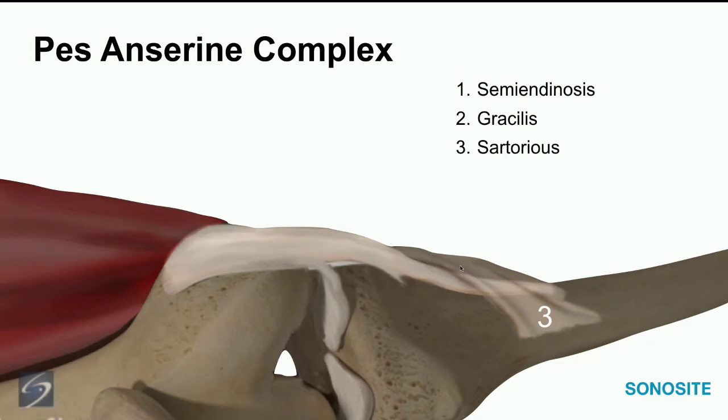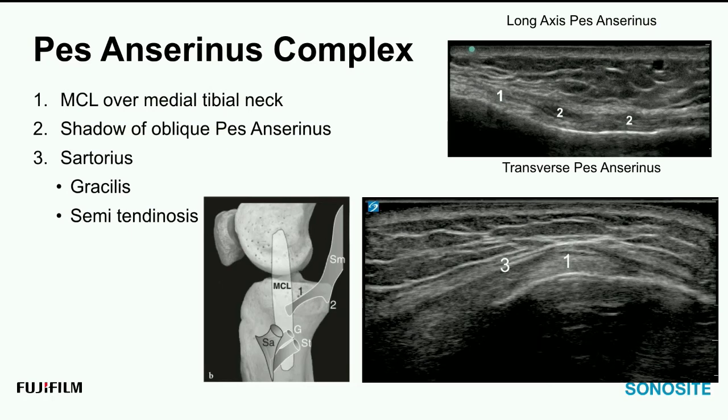The most common and easy to see structure here is number 3, the sartorius. Not labeled here on purpose are the semitendinosus and the gracilis. Underneath the sartorius, proximally, inserting underneath this kind of shade of the sartorius, is going to be the gracilis, and then the semitendinosus. Those are a lot less defined unless there's pathology.